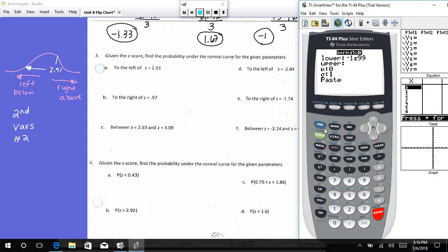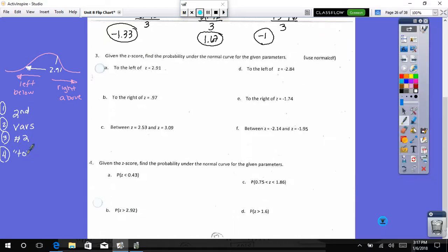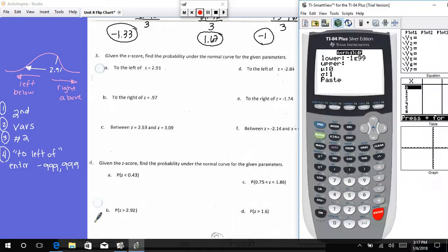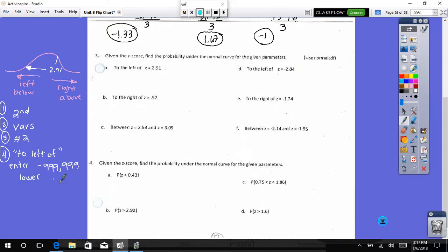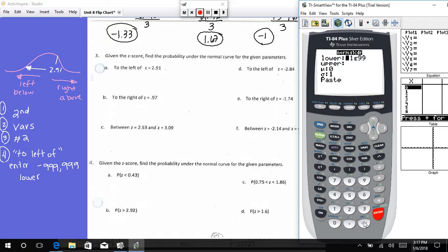So if it says to the left of, over here in your little steps, we are going to enter negative 999,999 into the lower category, because I don't know what that is.